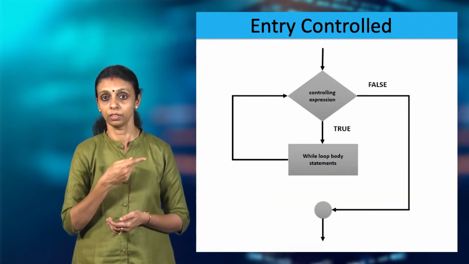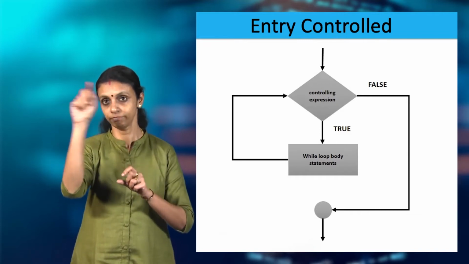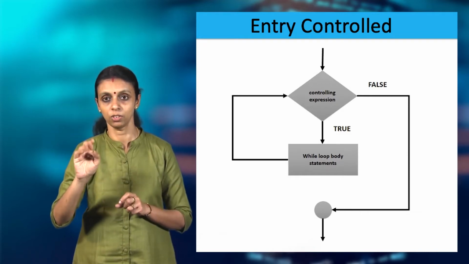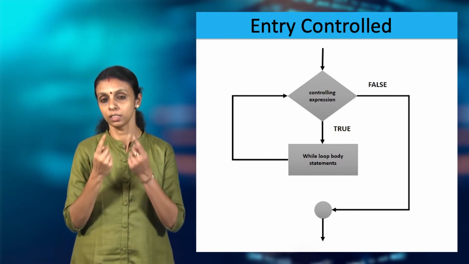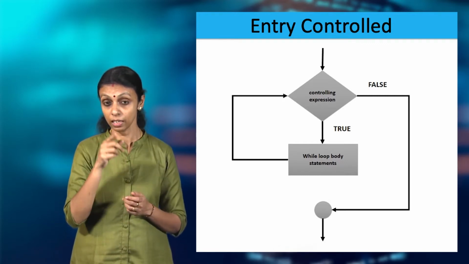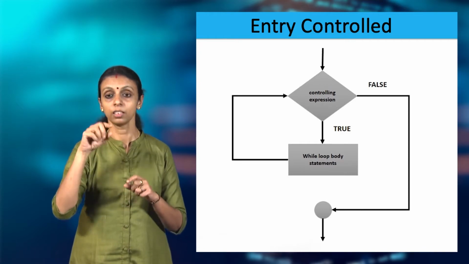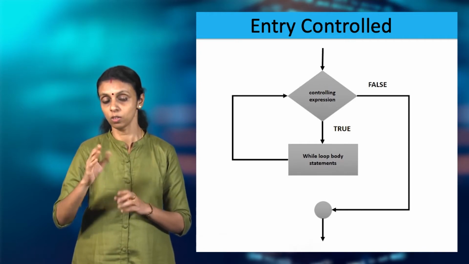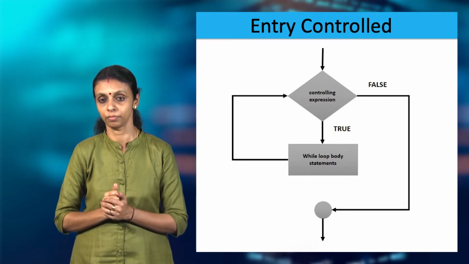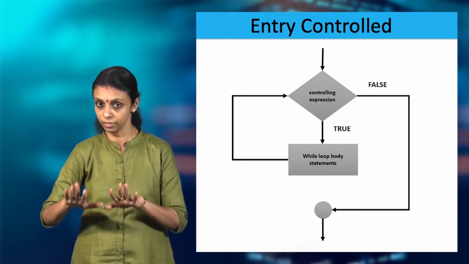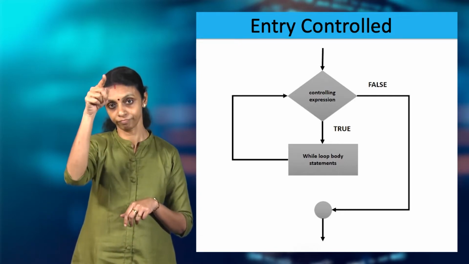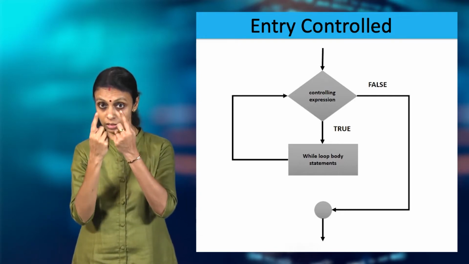Here, there is a set of statements and a condition. First, it checks the condition. If the condition is true, it executes the statements inside the block. After executing all the statements in the block, it again checks the condition.